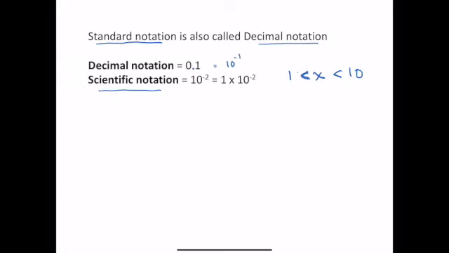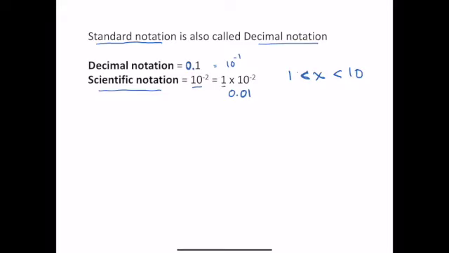Okay, so there's a 0 right there in front of the 1. That would be the ones place. 10 to the minus 2 means that there's 2 zeros in front of the 1, and so this would be 0.01.